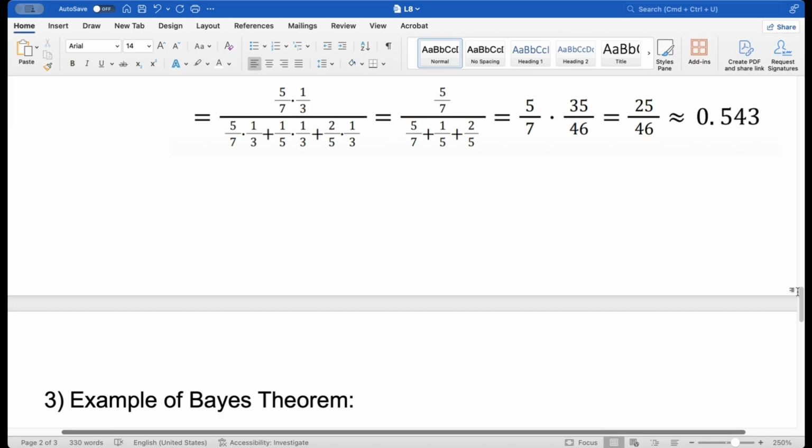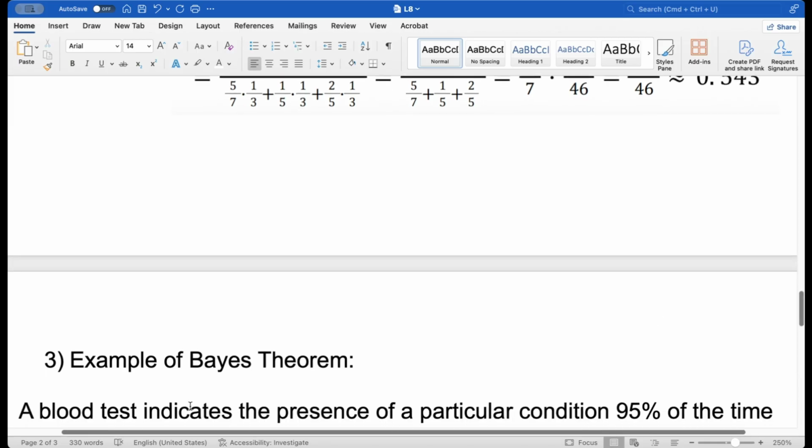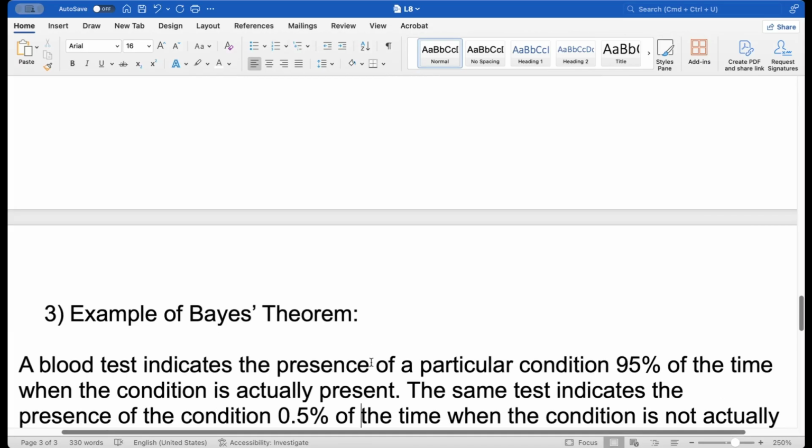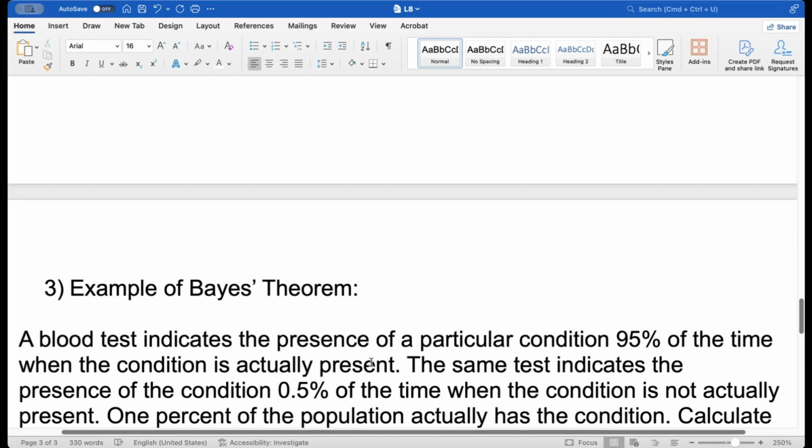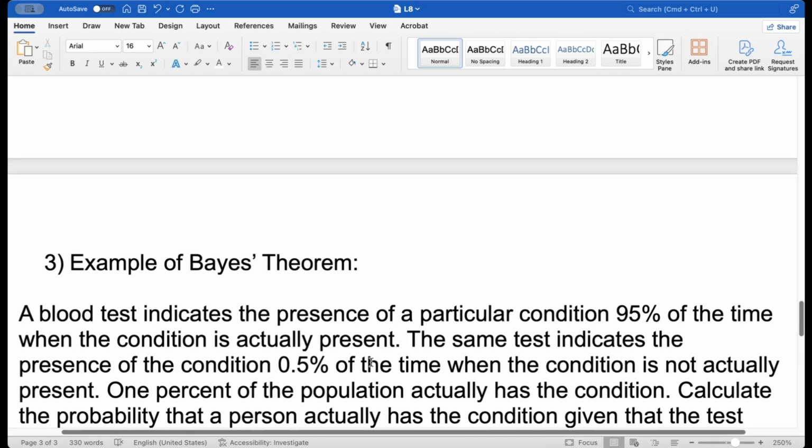All right, another example here of Bayes' theorem. A blood test indicates the presence of a particular condition 95% of the time when the condition is present. So we're getting a positive test out 95% of the time when the condition is present.